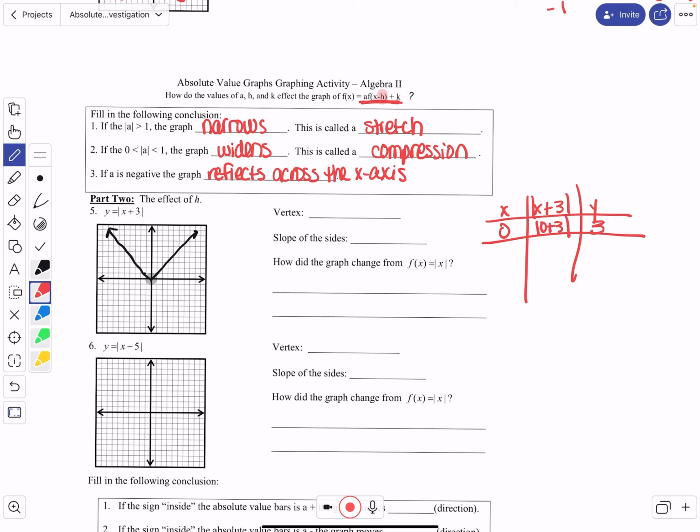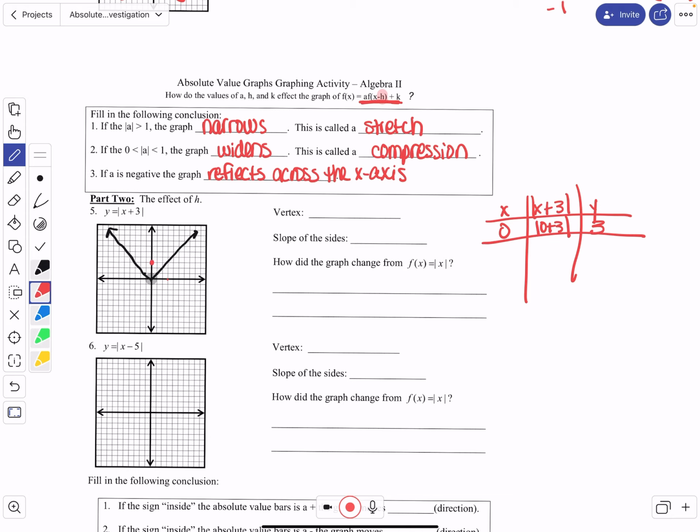So now my new point is at 0, 3. Sorry, that's not my vertex. Okay, so there's that point.